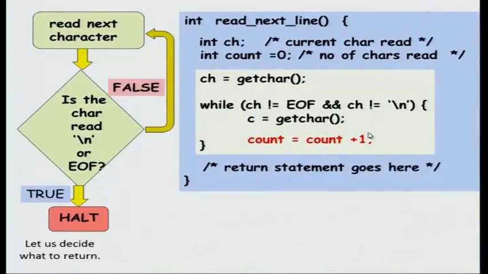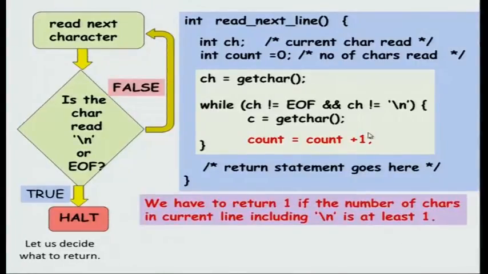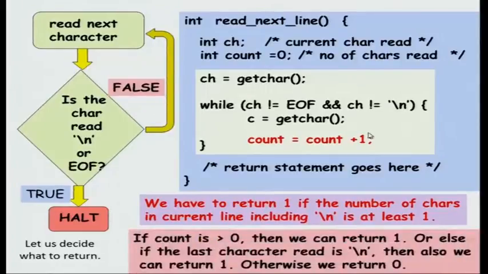Okay. So, now let us decide what should be the return value. We have to return a 1 if the number of characters in the current line including new line is at least 1. So, if count is greater than 0, we can return a 1.